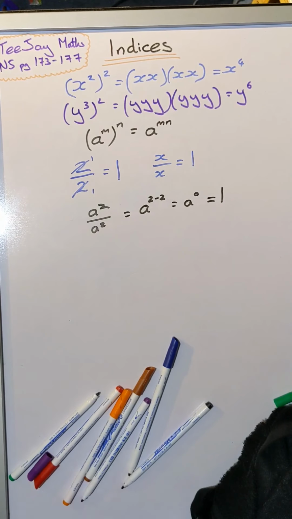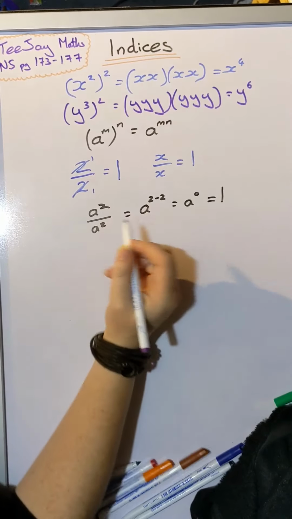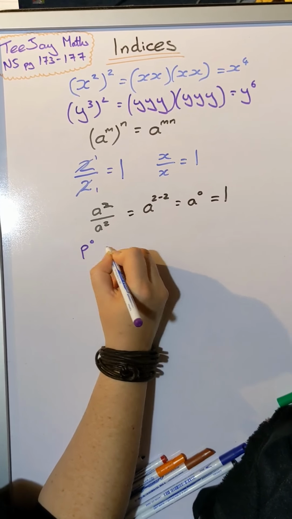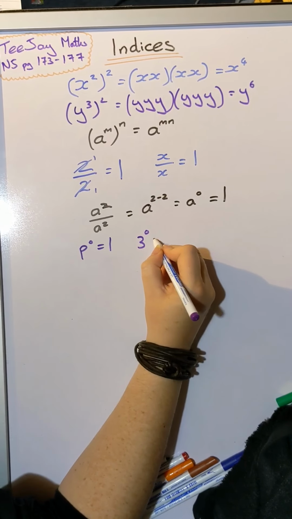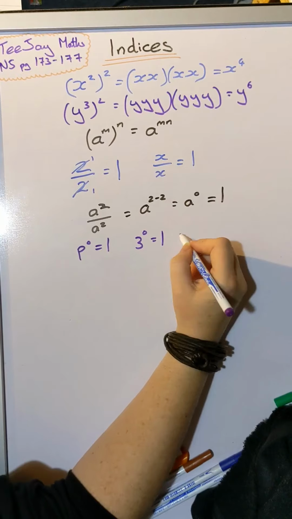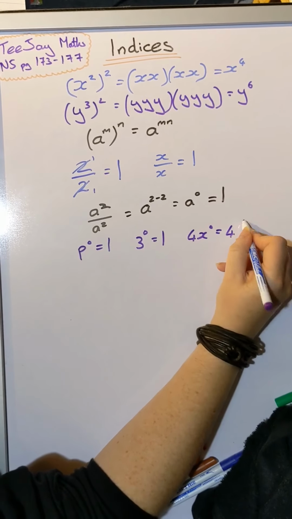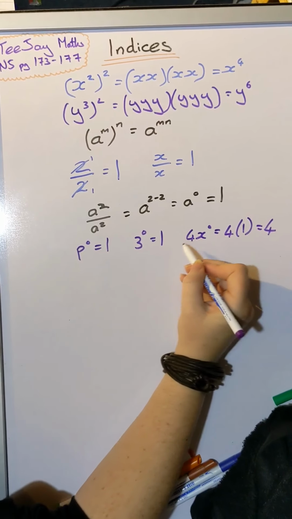Just to give you some examples of that, if I had p to the power 0, I have 1. If I have 3 to the power 0, I have 1. If I have 4x to the power 0, I have 4 times 1, so I have 4.